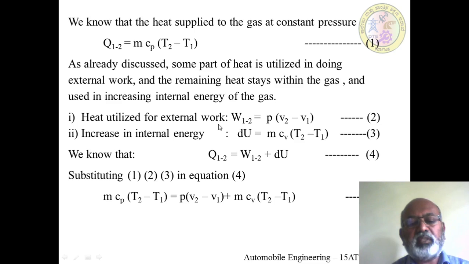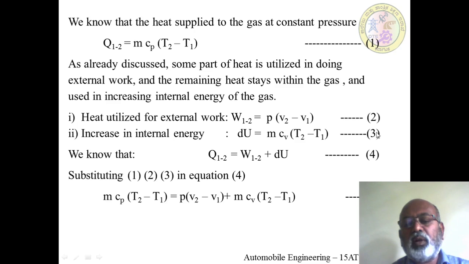Heat utilized for external work, that is W1-2, is equal to P (V2 − V1). We keep it as equation number 2. Increase in internal energy, that is dU, is equal to m Cv (T2 − T1), which we take as equation number 3.